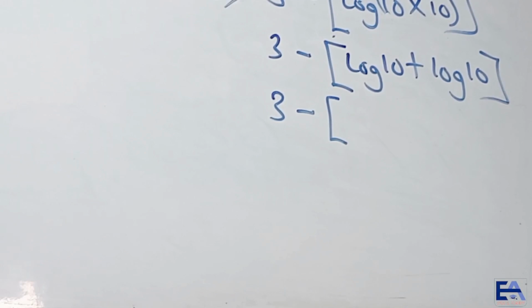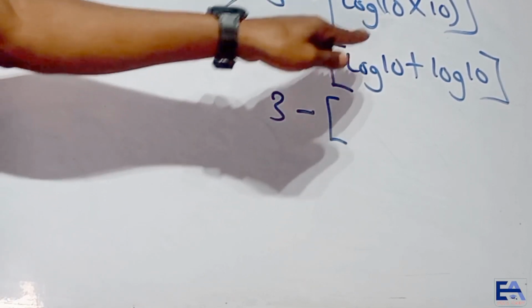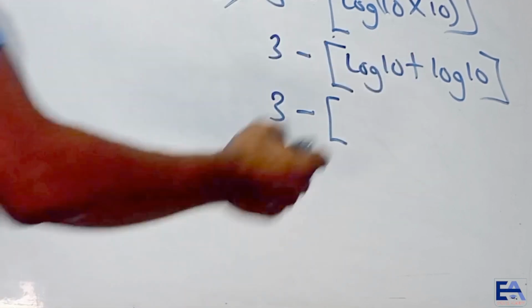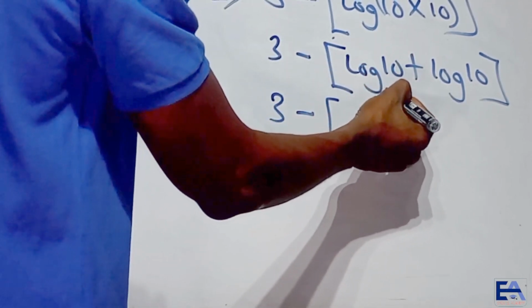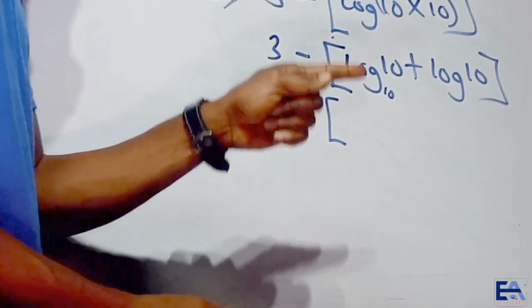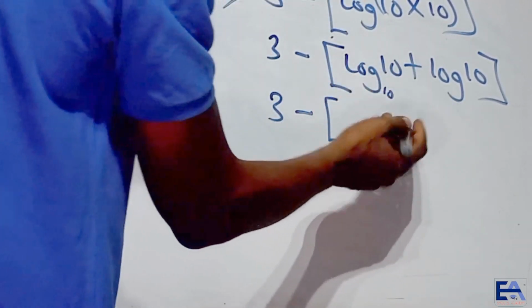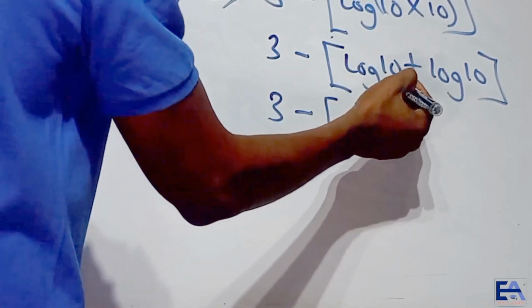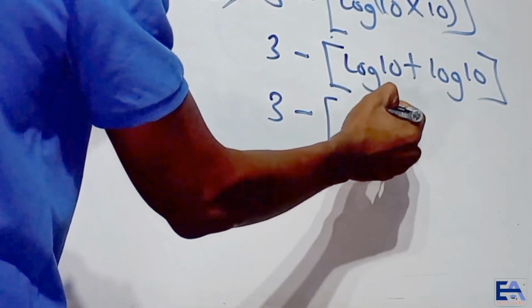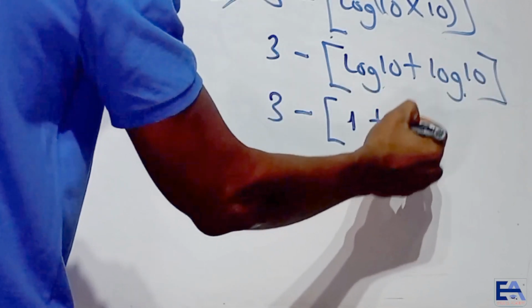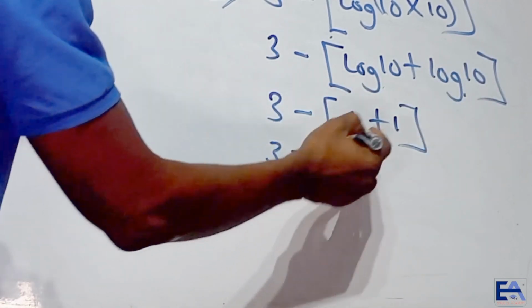Since we are dealing with log, if nothing is written here, you know that it is 10. But if it is another base, then something must be written there. So invariably we are looking at it as log 10 of 10, and that's 1, plus another log 10 of 10, that's another 1.